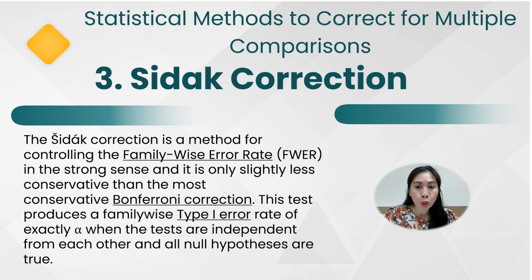This test produces a family-wise type 1 error rate of exactly alpha when the tests are independent from each other and all null hypotheses are true. For positively correlated tests, the procedure is conservative and it is liberal for negatively correlated tests.